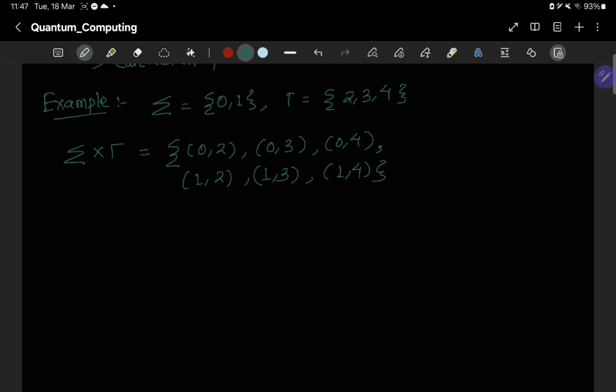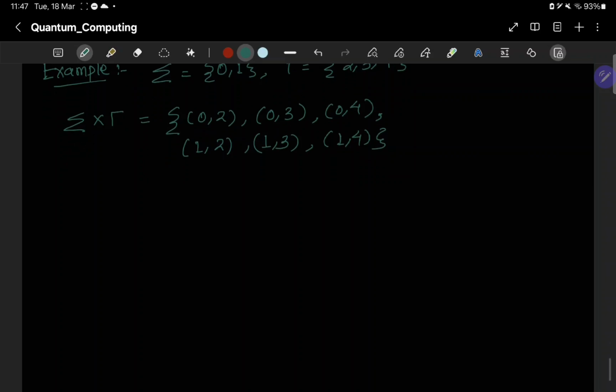Now let's consider a compound system having more than two individual systems, and let us generalize this Cartesian product formula. Let us consider a system having n individual systems. Let's denote them by X1, X2 up to Xn, and let's consider their classical state sets to be sigma 1, sigma 2 up to sigma n, where sigma 1 corresponds to the classical state set of X1, and sigma n corresponds to that of Xn, right?